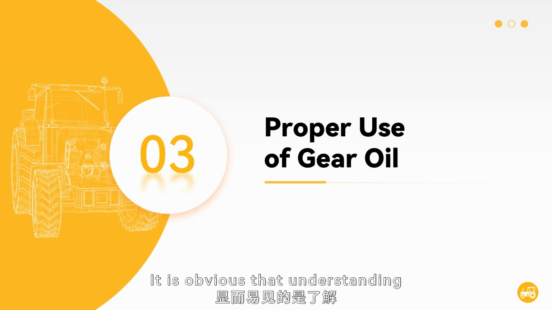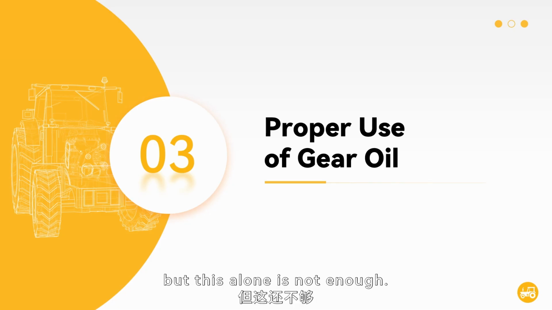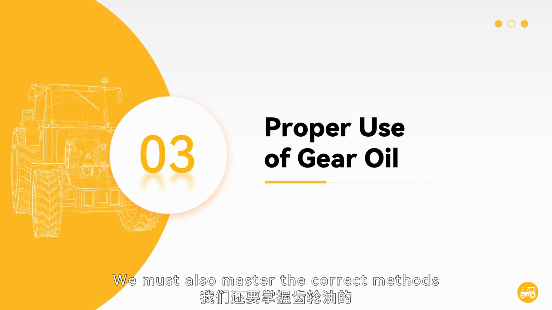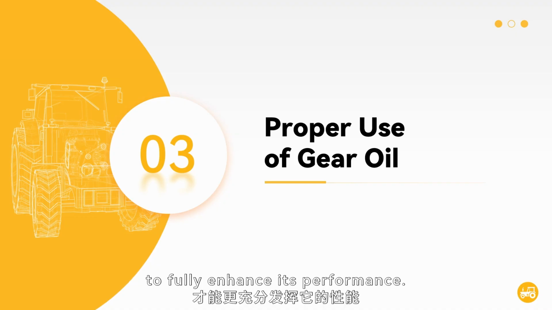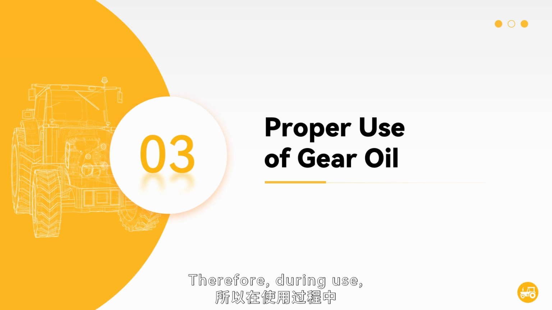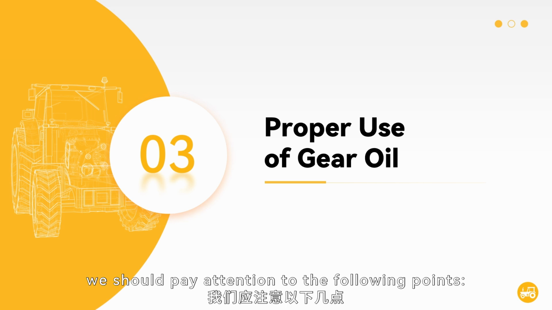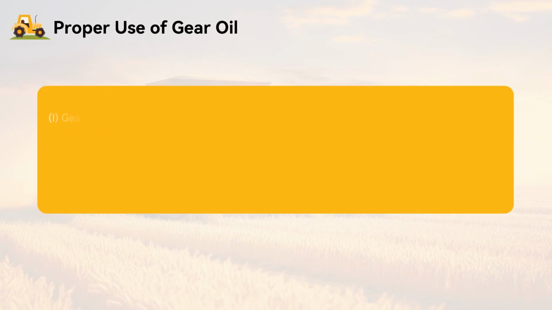It is obvious that understanding the types of gear oil is a prerequisite for its proper use, but this alone is not enough. We must also master the correct methods of using gear oil to fully enhance its performance. Therefore, during use, we should pay attention to the following points. 1.